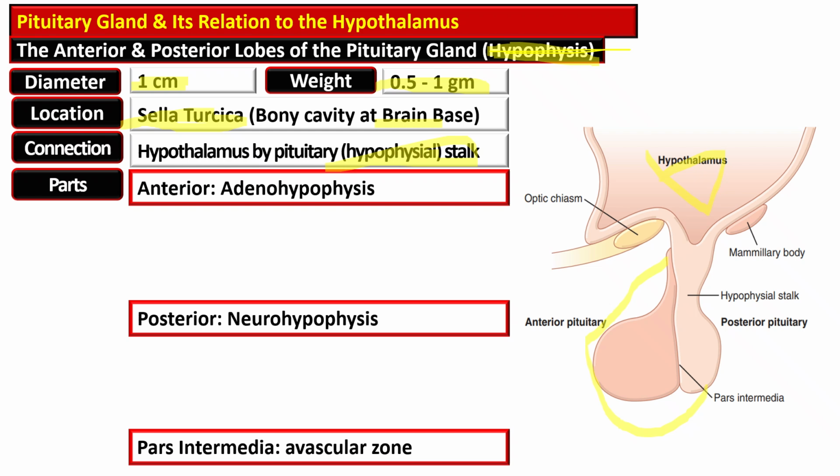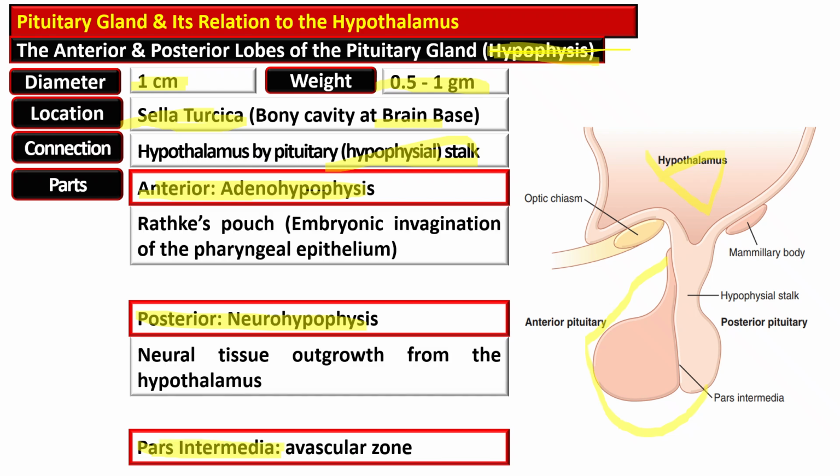There are three parts: the anterior lobe or adenohypophysis, the posterior lobe or neurohypophysis, and the acellular avascular intermediate zone, the pars intermedia.